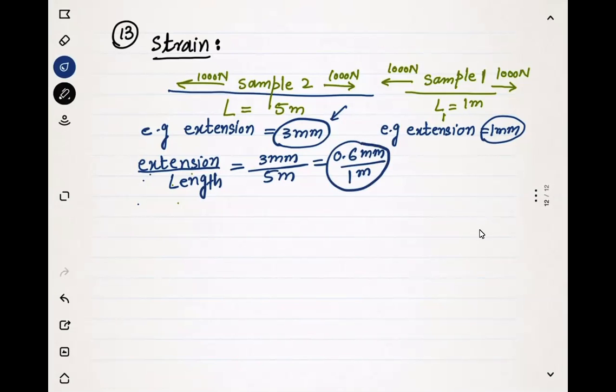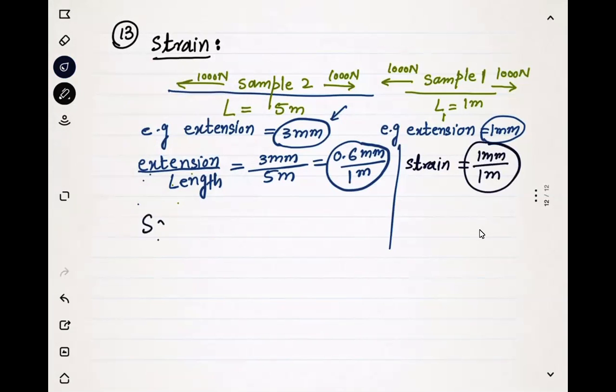However, originally when we are calculating that, we will convert the units into meter. Yet right now, to understand the concept, we can go with millimeter. In the second case, if we calculate this same quantity, strain, what we get without converting the units is 1 millimeter over 1 meter.